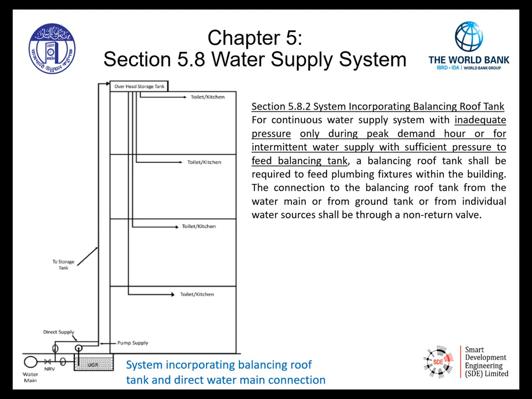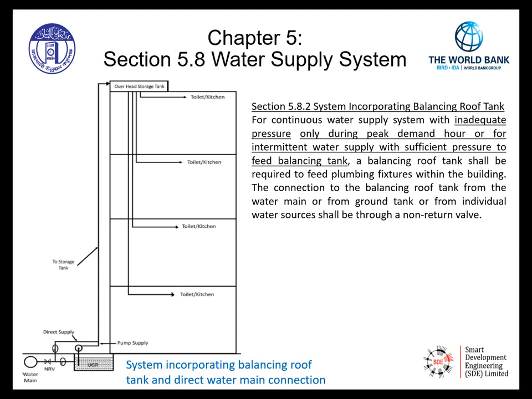As seen in the graphic, the water main is indicated underground. The tap to the water main is made and piped to a non-return valve. As seen here, we go horizontally into an underground reservoir tank.